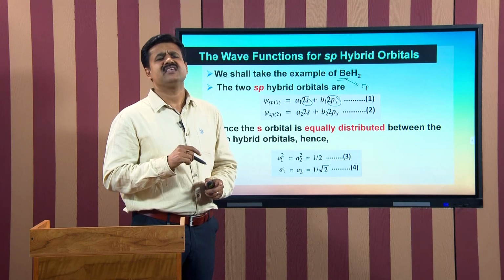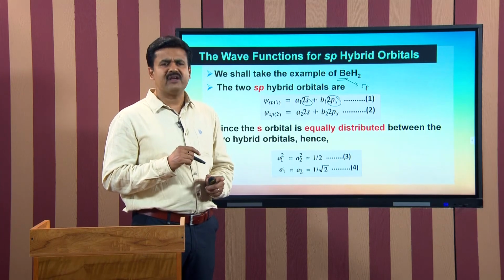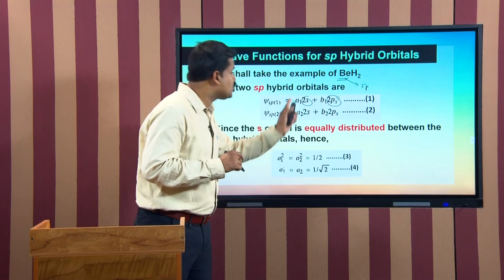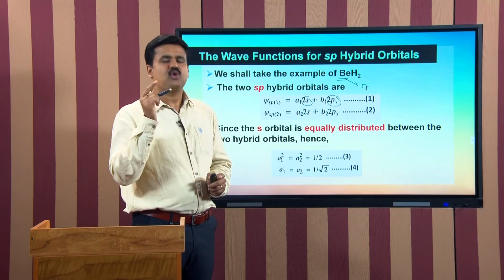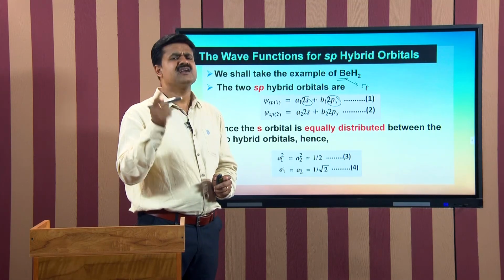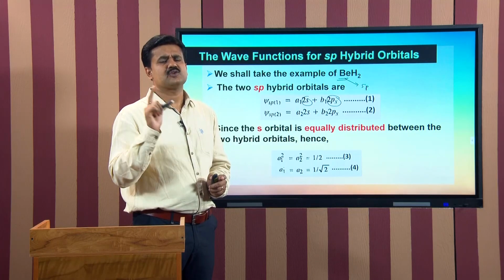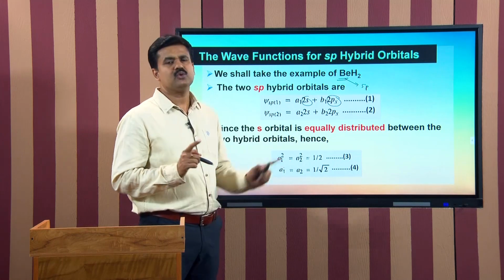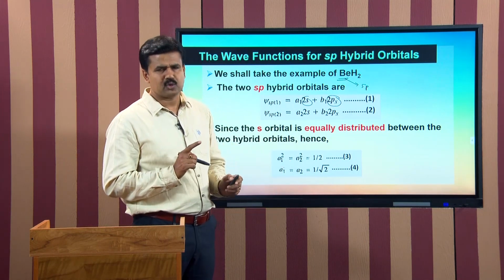If there are n hybrid orbitals, coefficient of s will be 1 by root n. Here there are two hybrid orbitals, so coefficient of s orbital will be 1 by root 2. Hence, a1 equal to a2 equal to 1 by root 2.